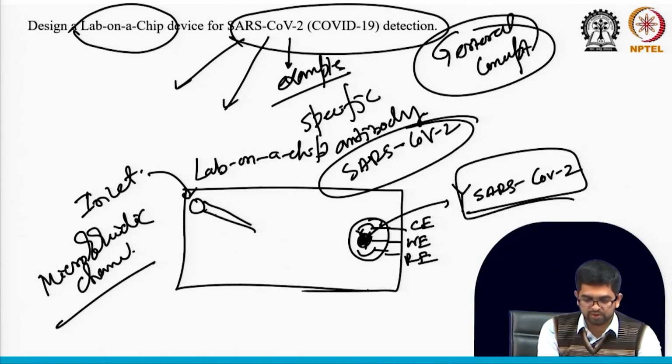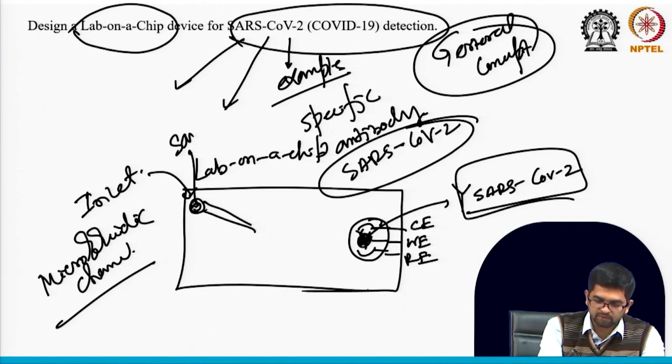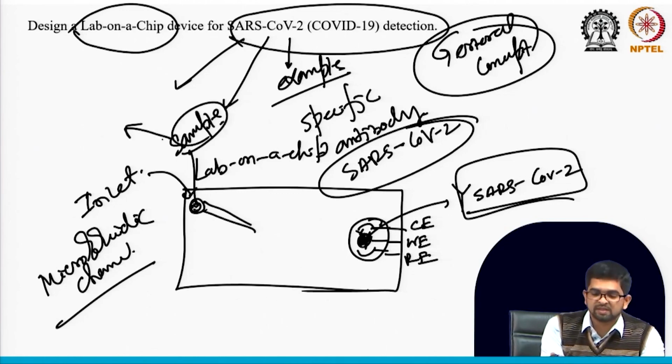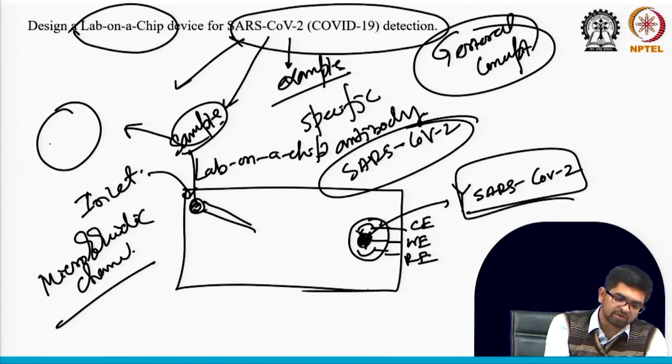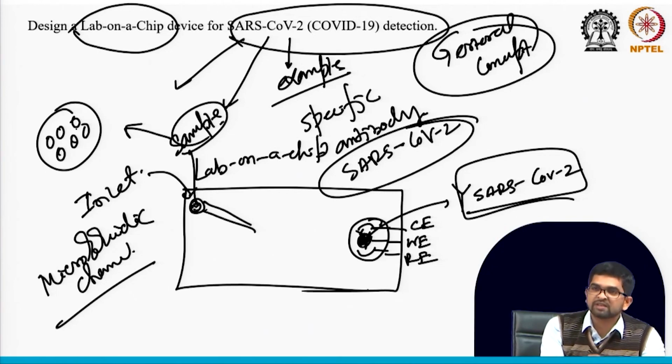I will just show you. So here maybe one inlet, where you put your sample. For SARS-CoV-2 we generally use a nasopharyngeal sample or saliva sample, whatever you want, and that sample will contain the whole virus, and you are going to detect that virus.